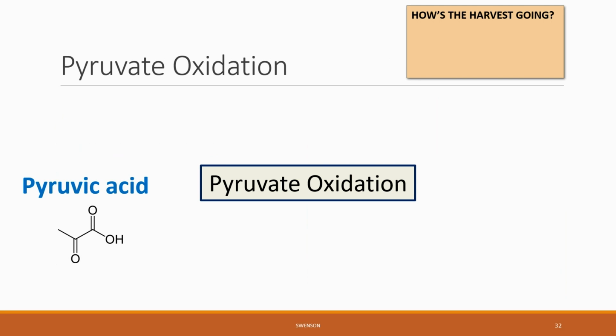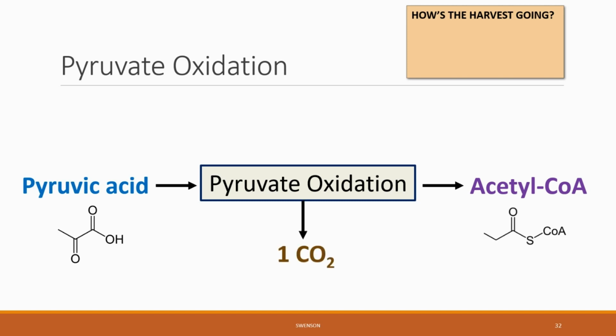In pyruvate oxidation, you guessed it, pyruvic acid is oxidized and it becomes acetyl-CoA in the process. Its oxidation gives off a CO2 for each pyruvate. Remember, there's 2. And therefore, this 3-carbon molecule becomes a 2-carbon molecule as acetyl-CoA. Once again, another NADH is produced per pyruvic acid.